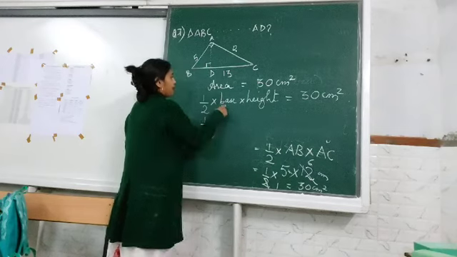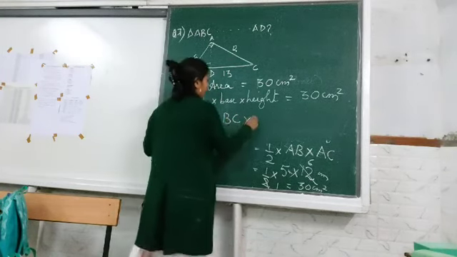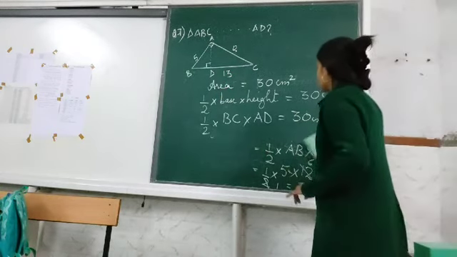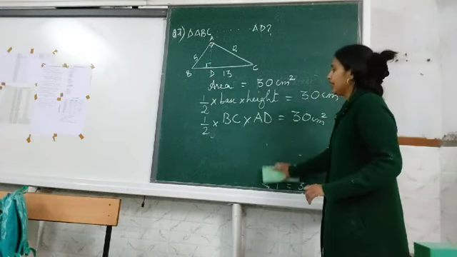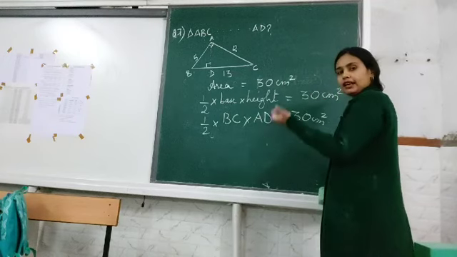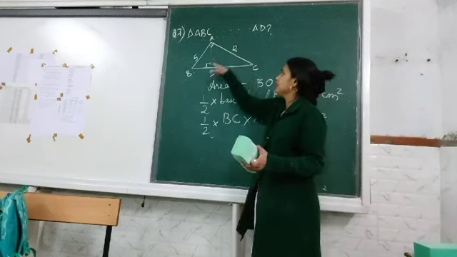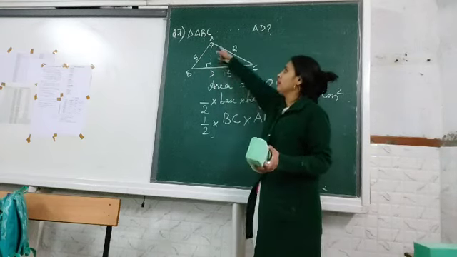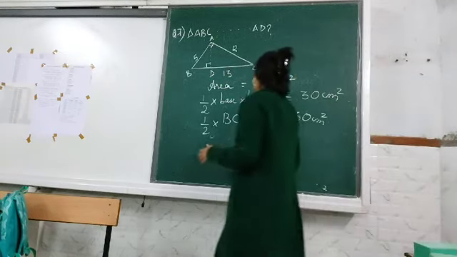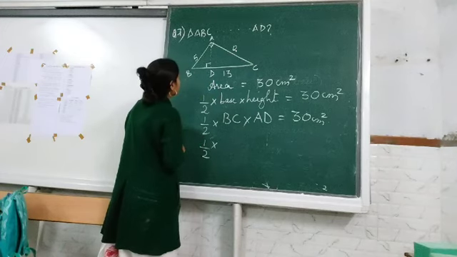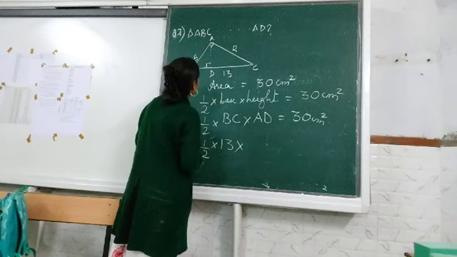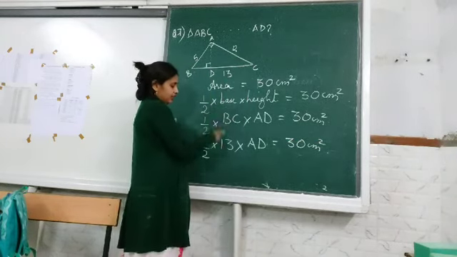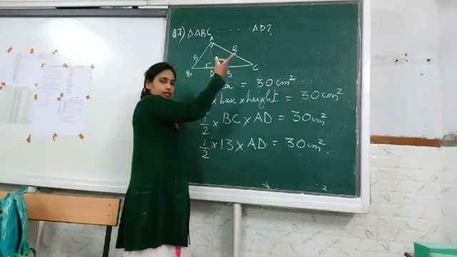Now base BC can also be taken as base and height AD is equal to 30 centimeter square. 30 shifts that side, it becomes division, and 2 shifts that side, it becomes multiplication.